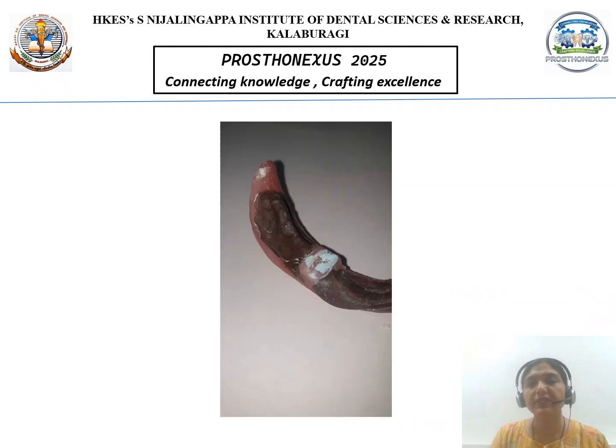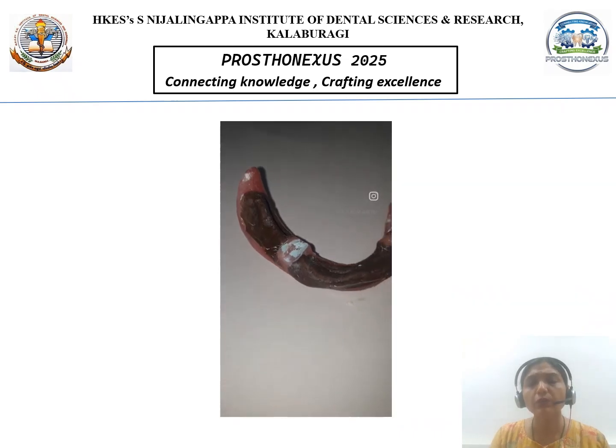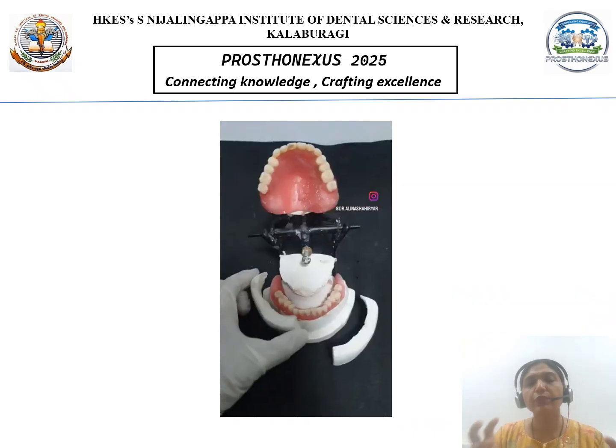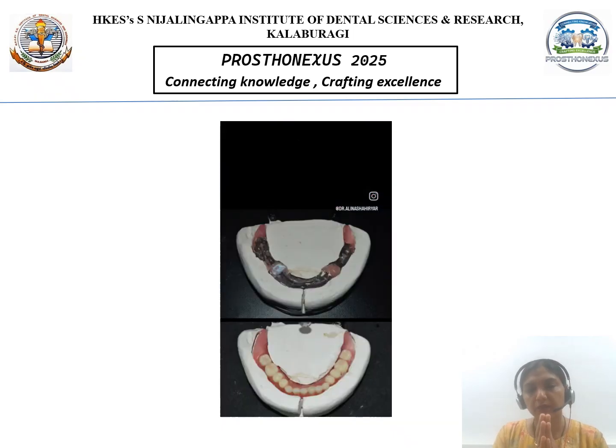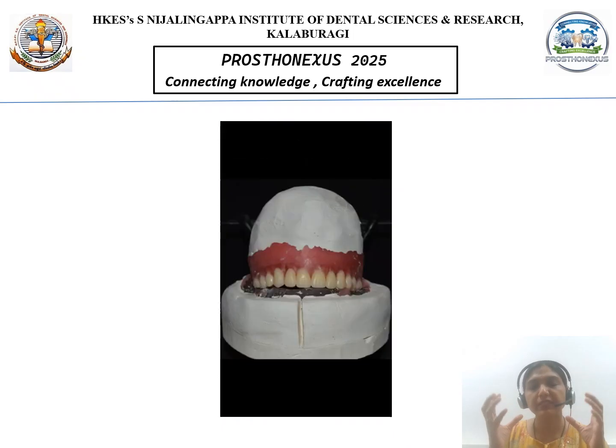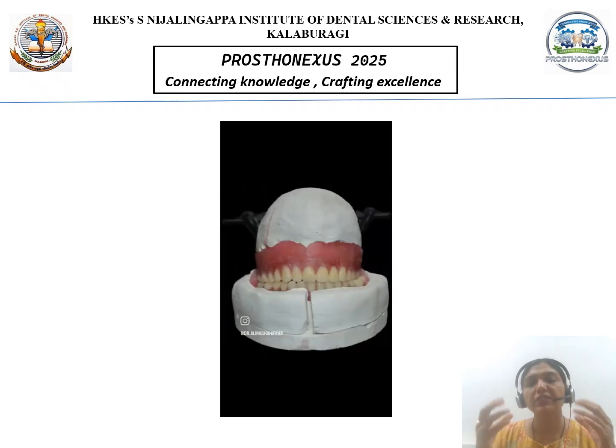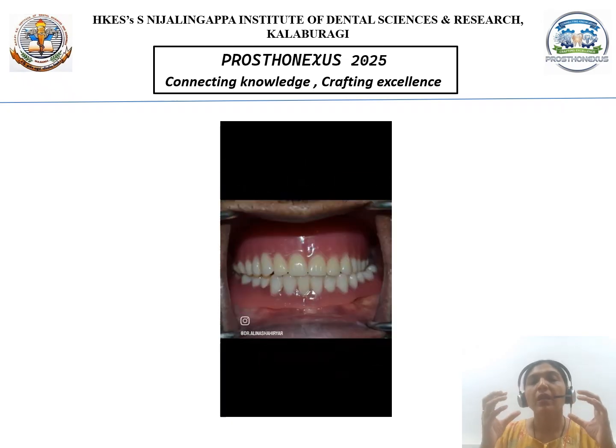So here again you can see in the video how this technique is done. We use impression compound during our jaw relation time, and then we make the patient do certain functions like drinking water, swallowing the saliva, or sucking.